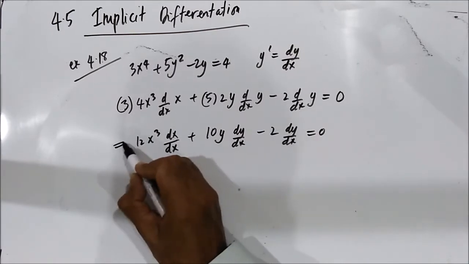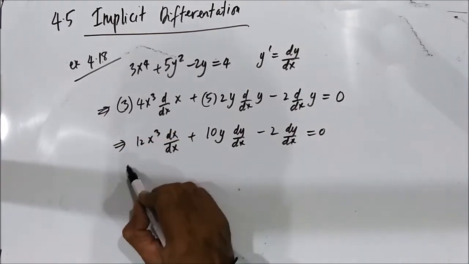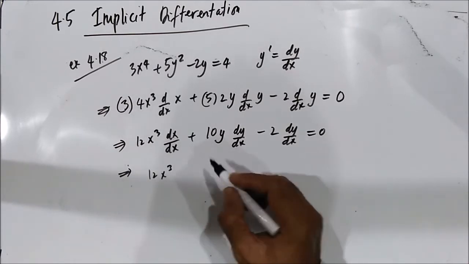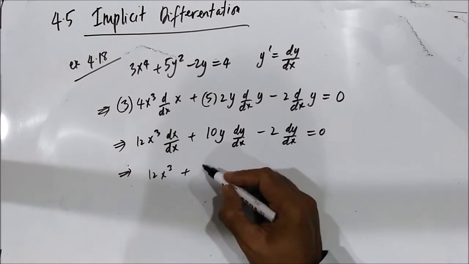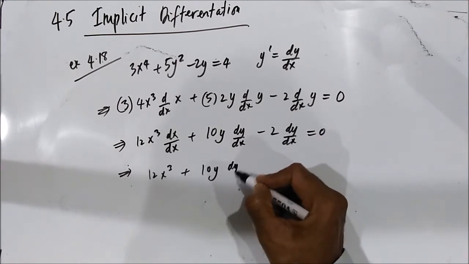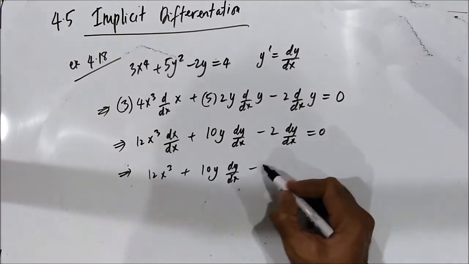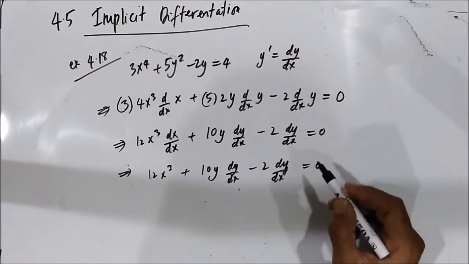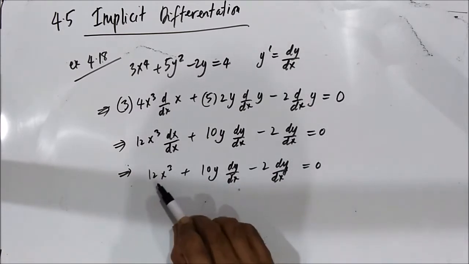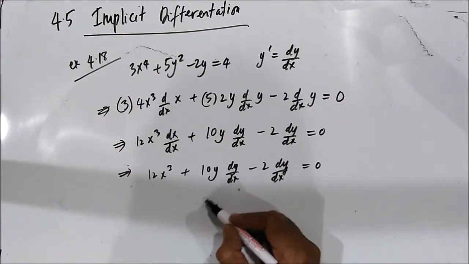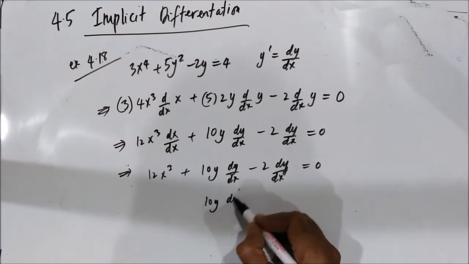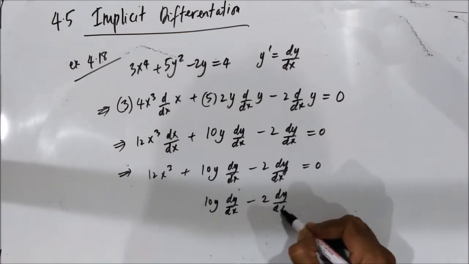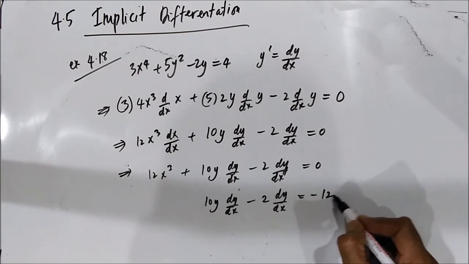So this can be written as 12x raised 3 plus 10y dy/dx minus 2 dy/dx equal to 0. So I bring this thing to the right, I get 10y dy/dx minus 2 dy/dx equal to negative 12x raised 3.